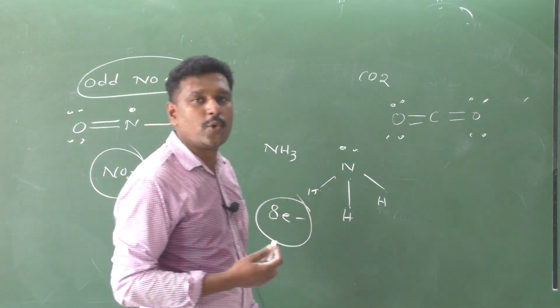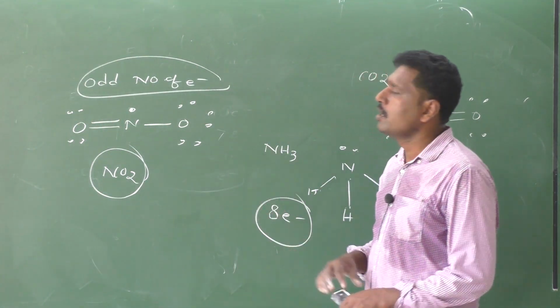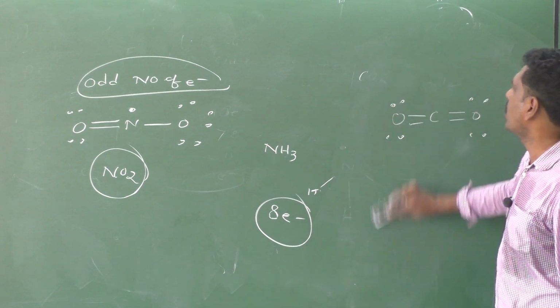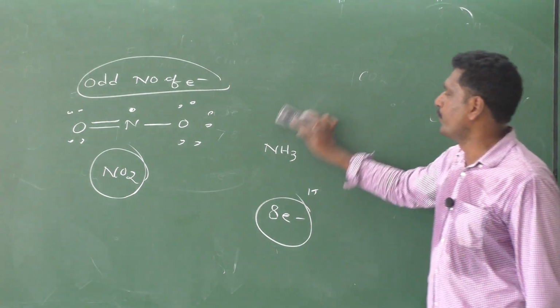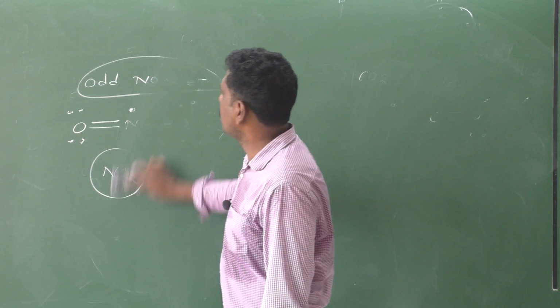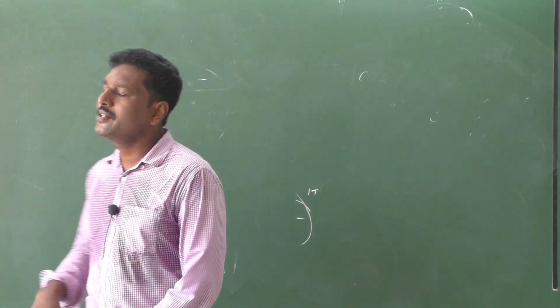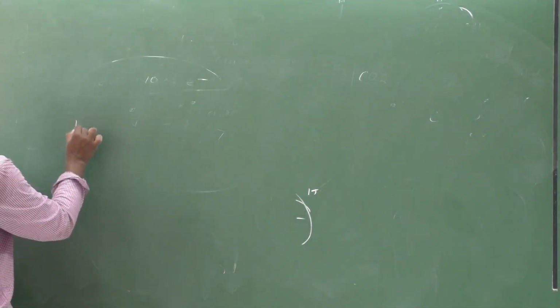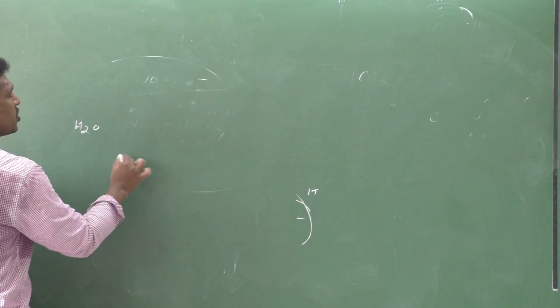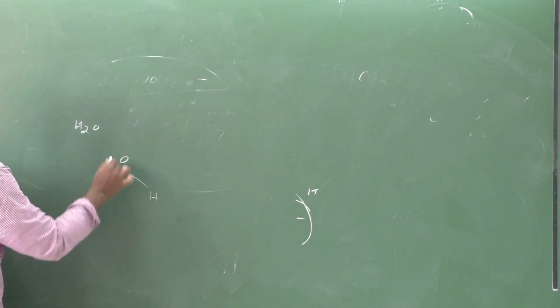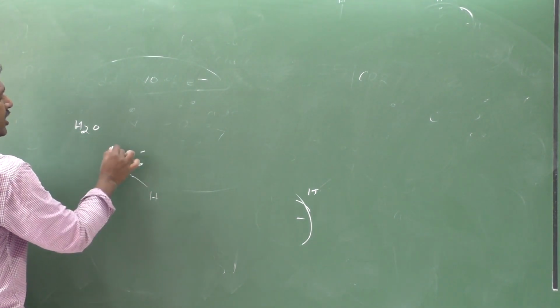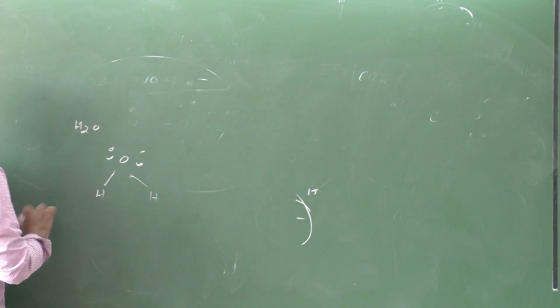For example, H2O. Does the H2O molecule obey the octet rule or not? Once you write the formula, then you can identify it. Here H has 2 bonds, and 2 lone pairs. Therefore 1, 2, 3, 4, 5, 6, 7, 8.